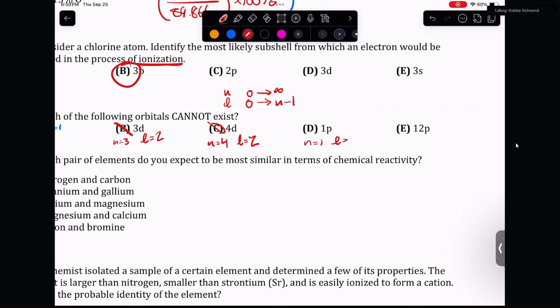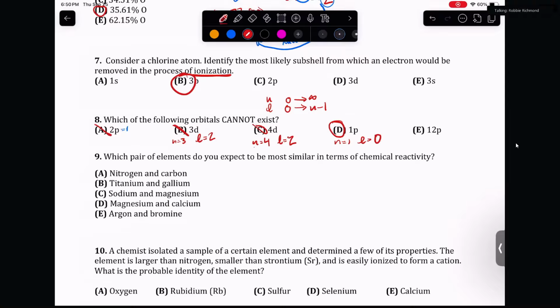L, that also equals 1. That violates the n minus 1 rule. Our only value of L that's possible for n equals 1 is 0. So this is our answer choice, but let's double check with answer choice E. N equals 12, and for P, that's an L value of 1. That fits within our n minus 1 rule.